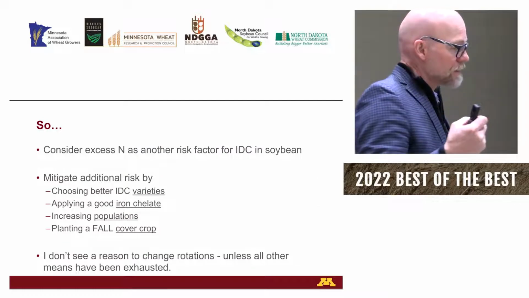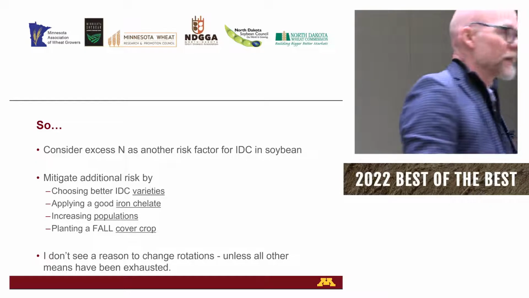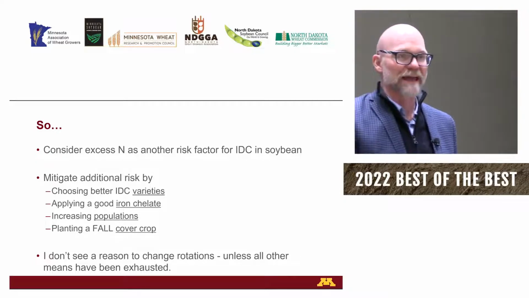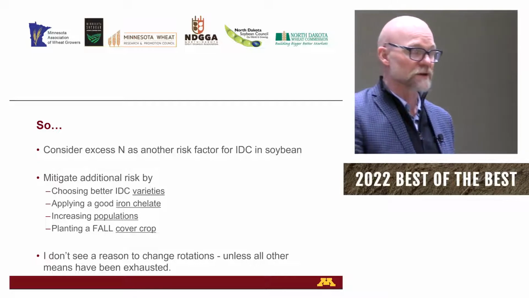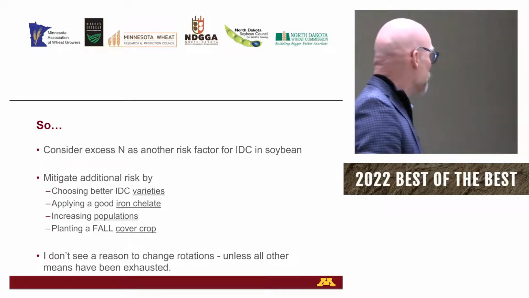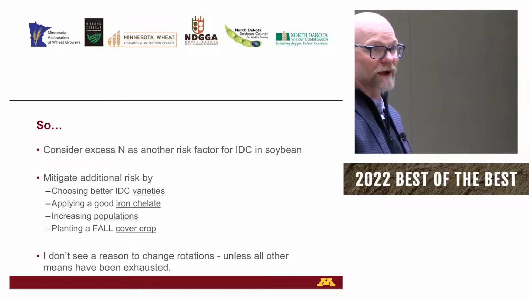So here's my summary. And it's pretty simple. And this is a reaction to a lot of farmers talking about making big changes in their operations because of this concern about extra N around in the soil. My feeling is that we can still mitigate the risk if you're concerned about extra soil N by choosing better IDC varieties.